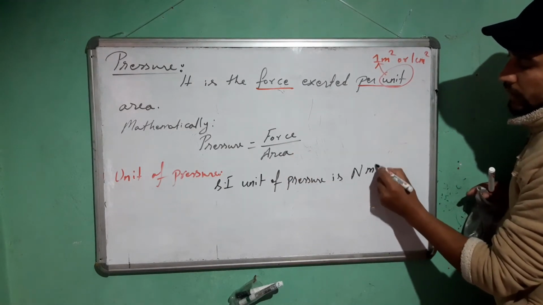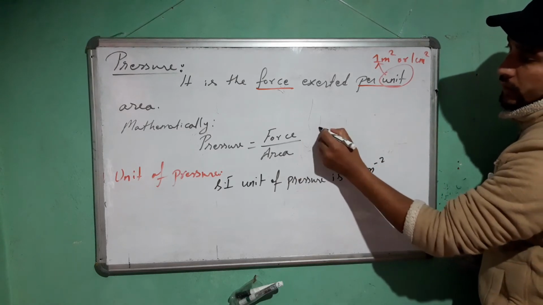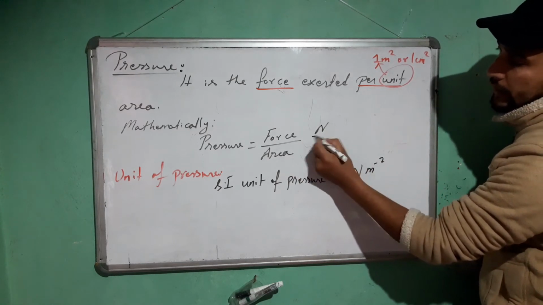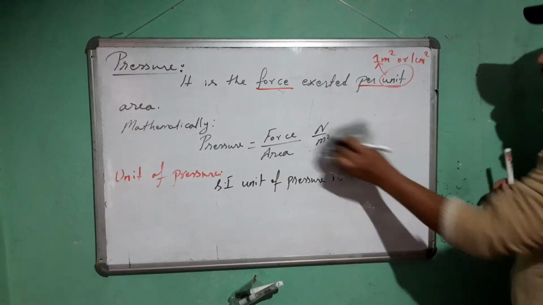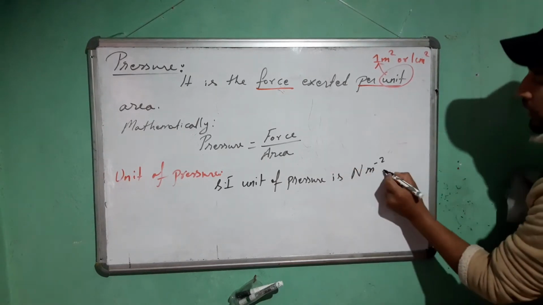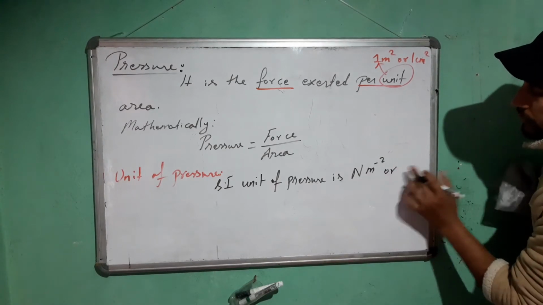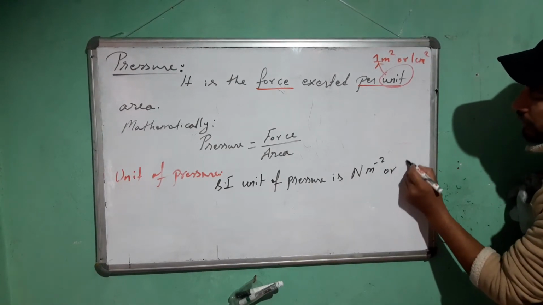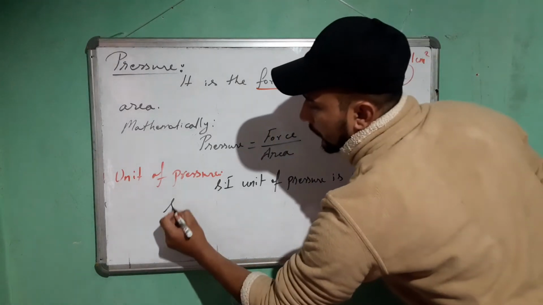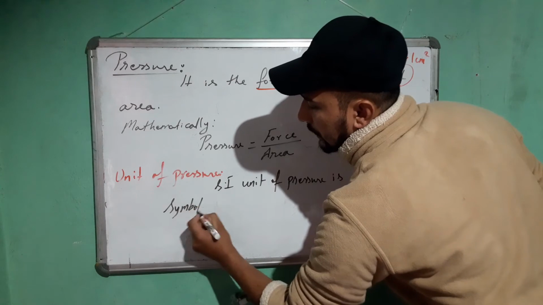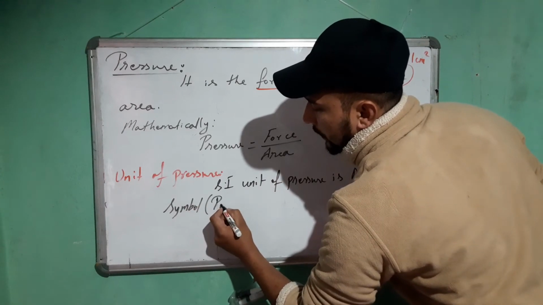So Newton per meter square, this is Newton divided by meter square. We can write it like this. Newton per meter square is called Pascal. Symbol is capital P small a.